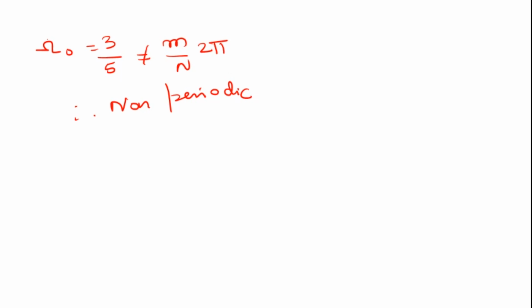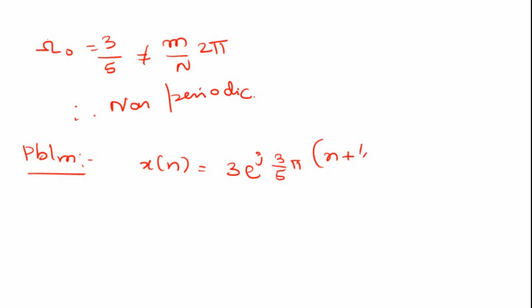Next problem, x of n is equal to 3 into e power j 3 by 5 pi n plus half, which is equal to 3 into e power j 3 pi by 10 into e power j 3 by 5 pi into n.